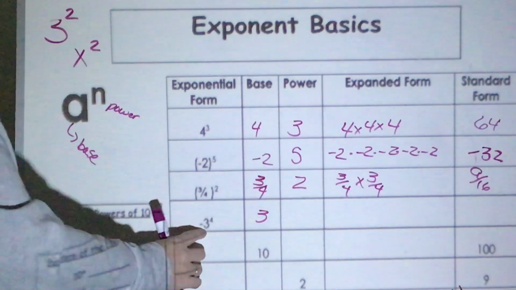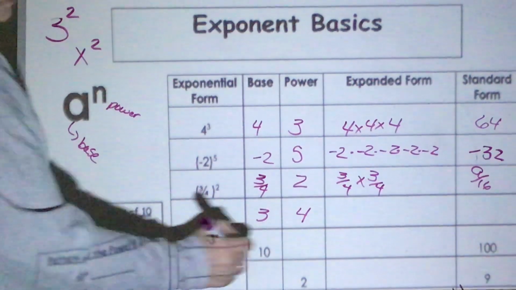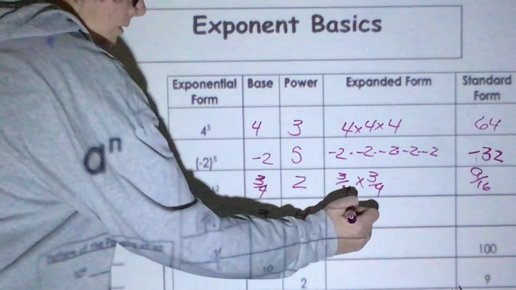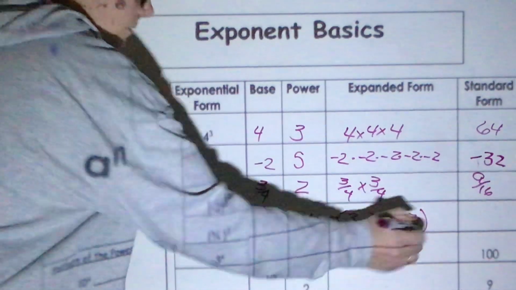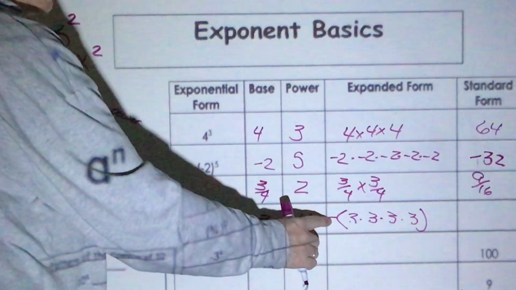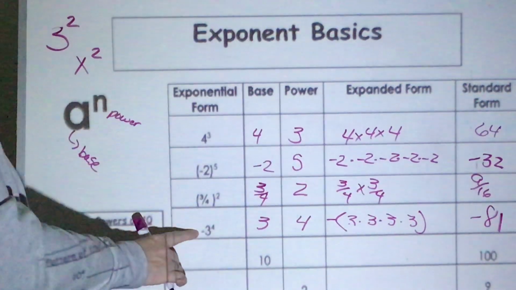So the base is 3, the power is 4. This problem is telling us to put the negative on the outside and then take 3 and multiply it by itself 4 times. So we're going to do inside and get 81, and then we're going to make it negative because the negative is not attached to the power.